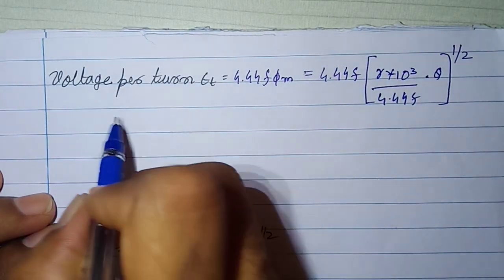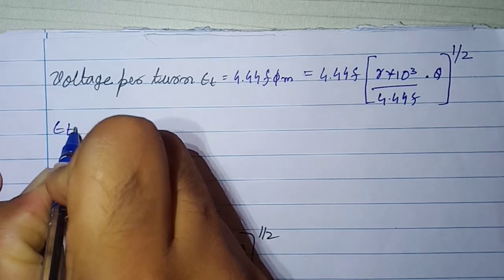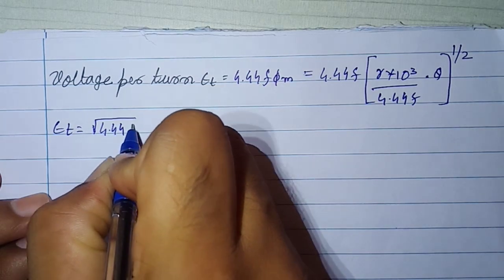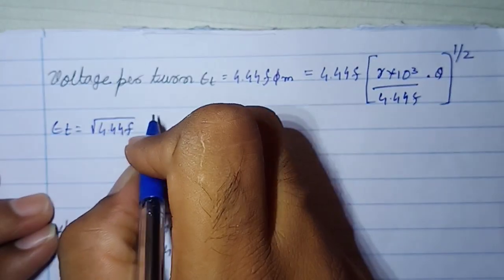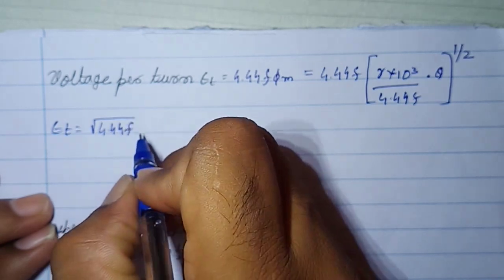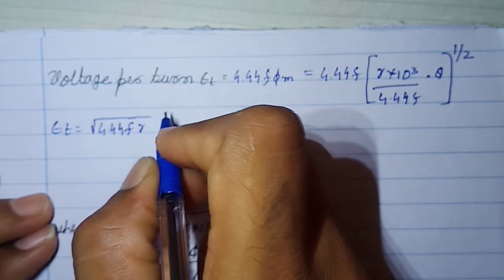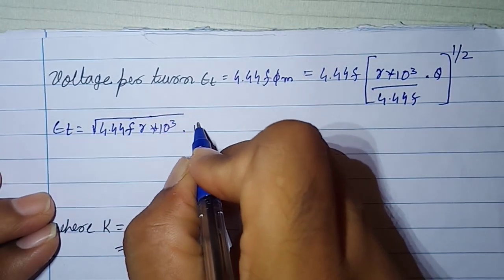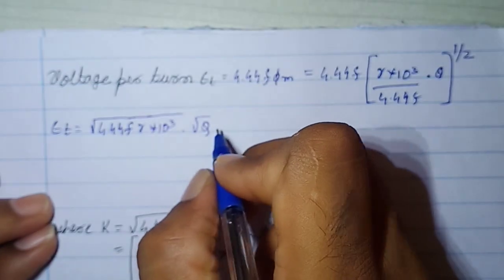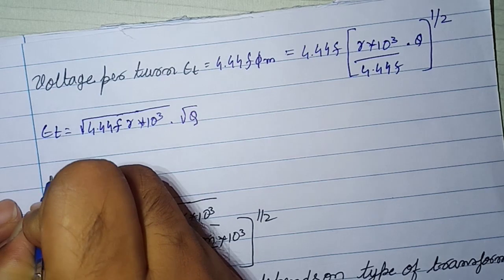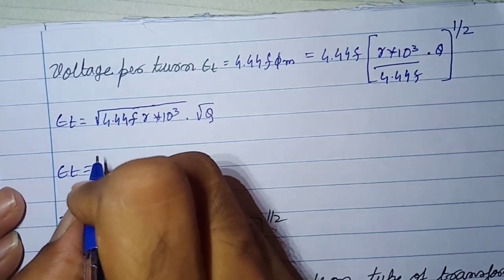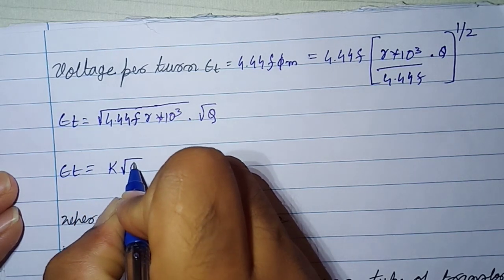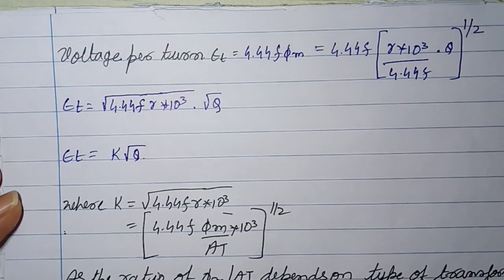So Et will be equal to square root of 4.44 F R into 10 raised to 3 into Q. So Et is equal to K into square root of Q, the kVA rating.